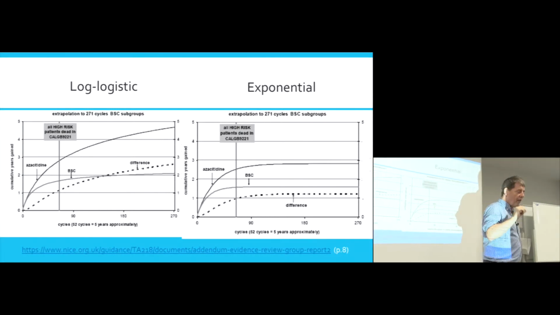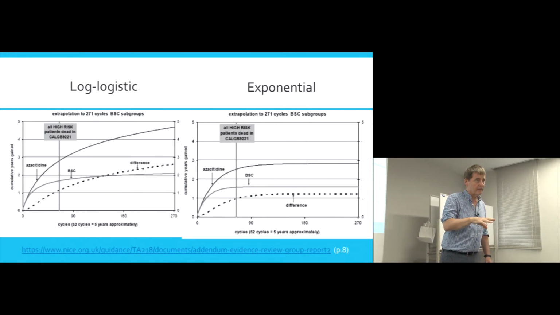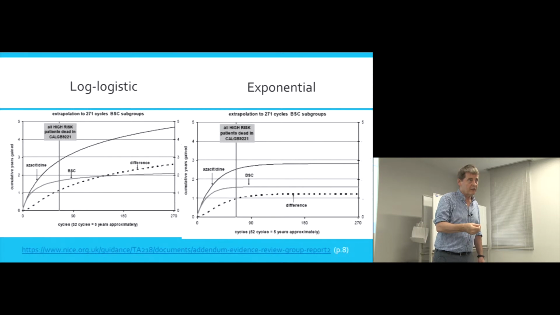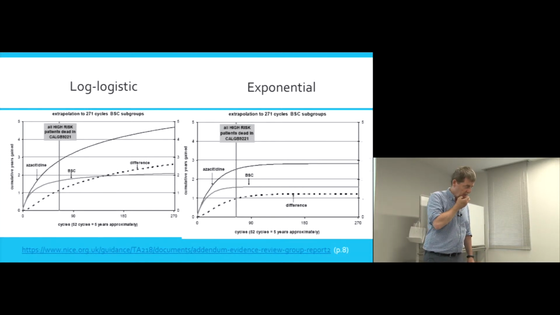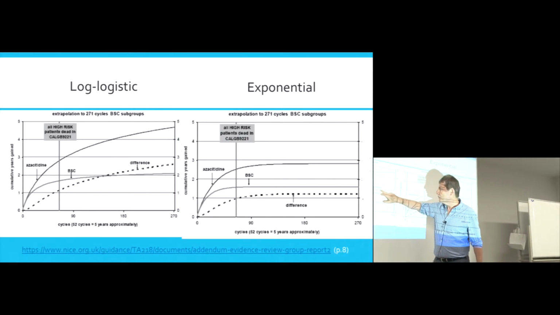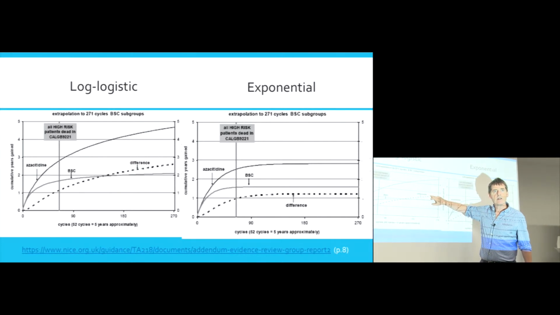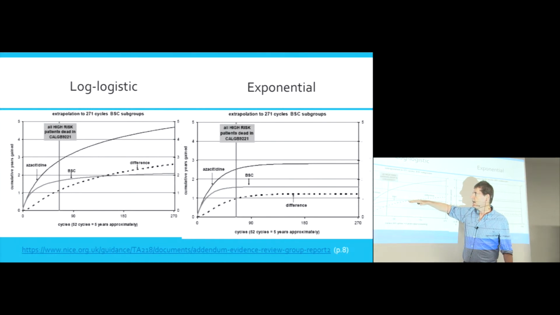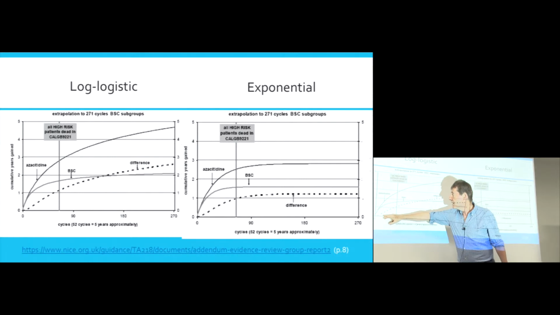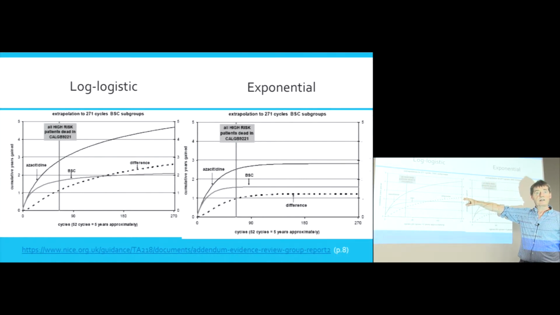Now I stress that is starting with the observed data in the trial, but applying a particular statistical distribution to it, the log-logistic. Now the dashed or dotted line is the difference between the two curves, the vertical distance between the best supportive care curve and the azacitidine curve. And the difference is increasing and increasing and continuing to increase.